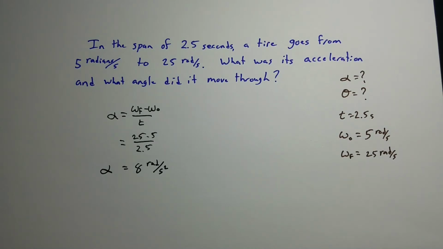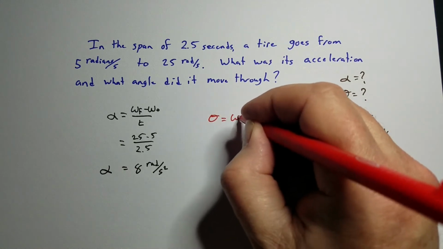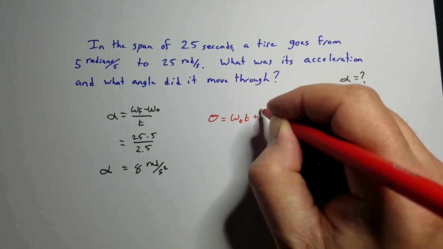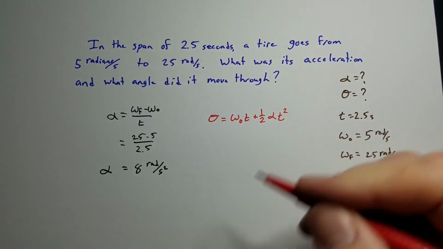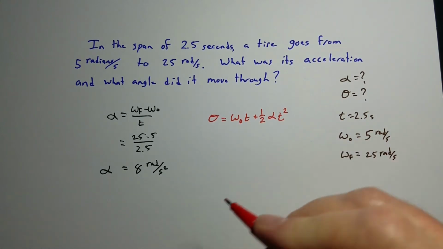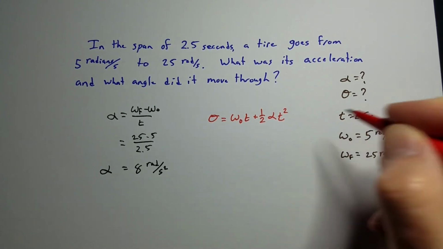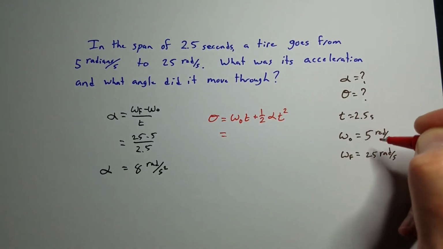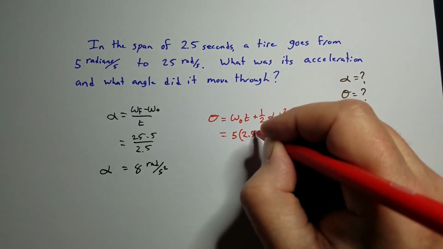So we got the acceleration. Now let's figure out the distance that it travels through. That's theta. In this case, we're talking about distance as in angle. So theta equals omega o t plus 1/2 alpha t squared. I could actually use a different equation, but I'm going to go with this one for right now. The original speed was 5 radians per second for 2.5 seconds.